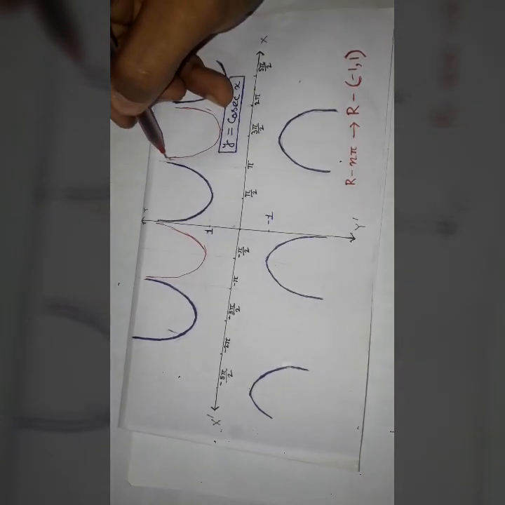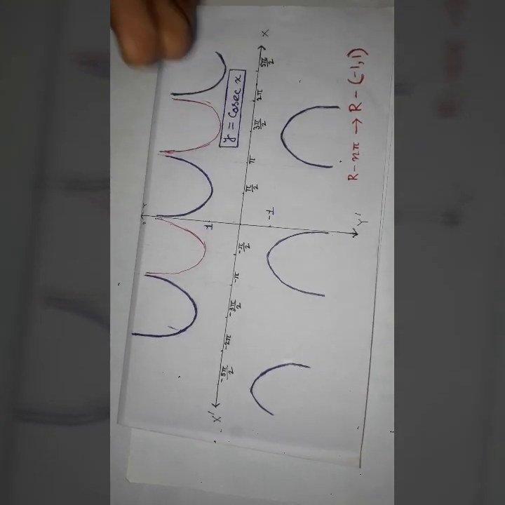That means all the graphs will be on the x axis side. This bottom part, this part will not be there. This will be the graph of mod cosec x.